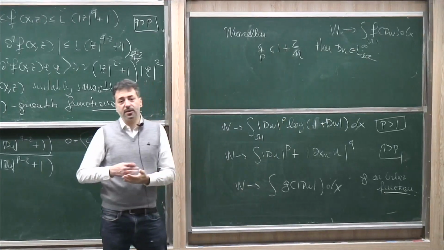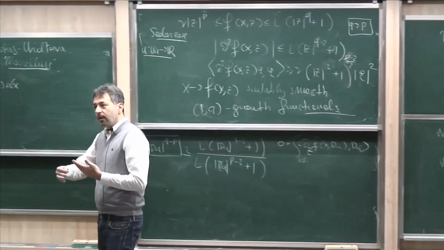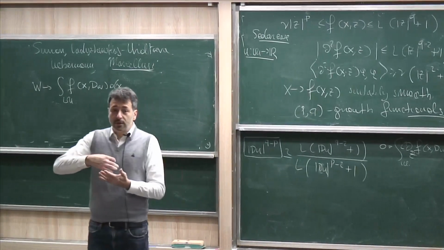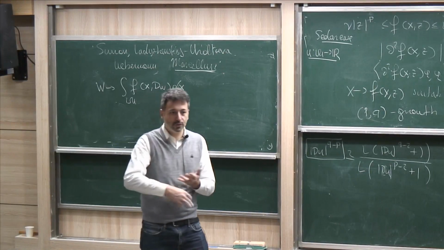If you, for instance, assume a priori that the solution is a bit better, that gives that the solution should grow less, and therefore should give an improvement.